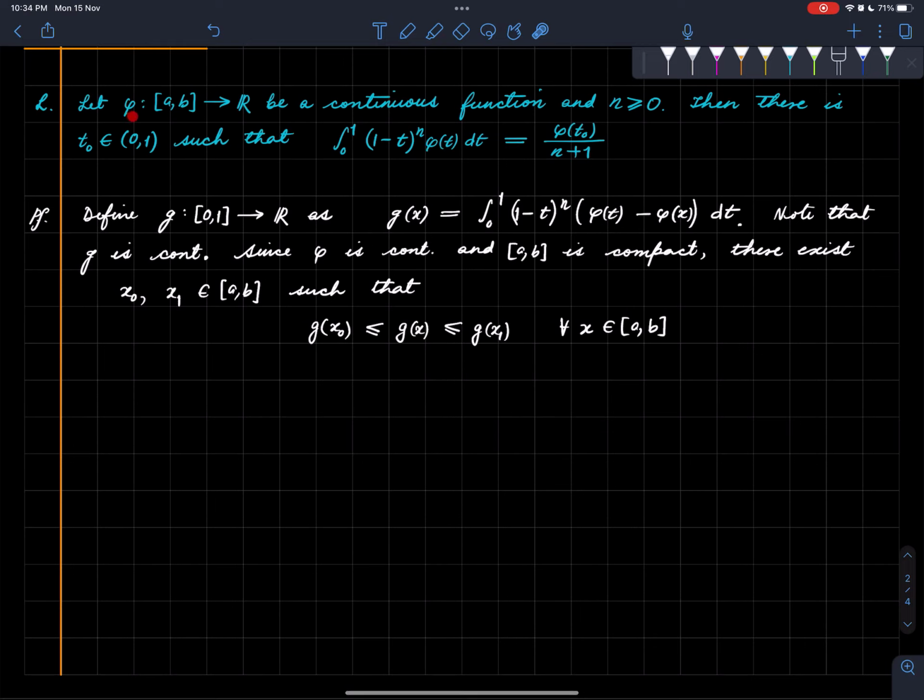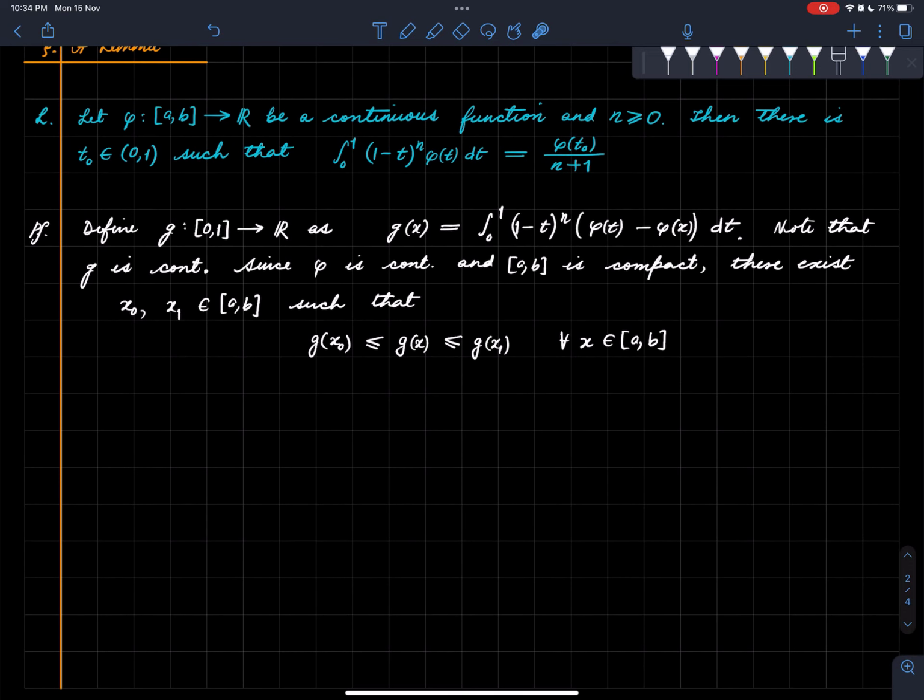Any continuous function defined on a compact set achieves its global minimum and maximum. It may be achieved at many points, but it is achieved at at least one point. So we have chosen such points x0 and x1.